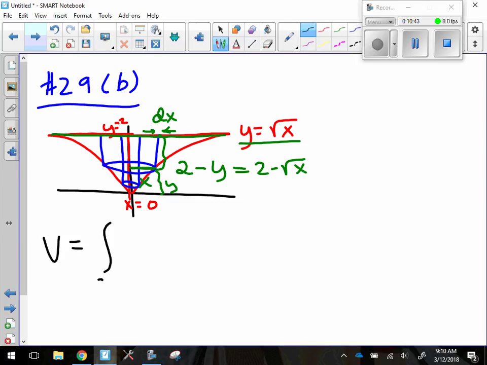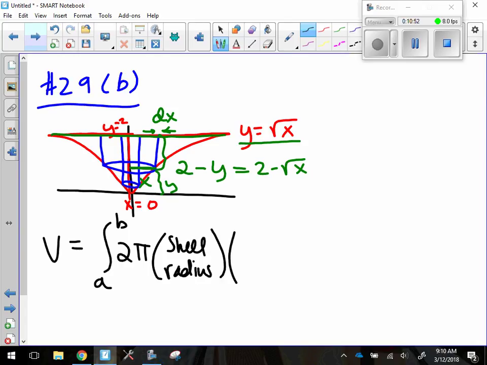So my volume, integral a to b, 2 pi, shell radius, shell height, shell thickness.